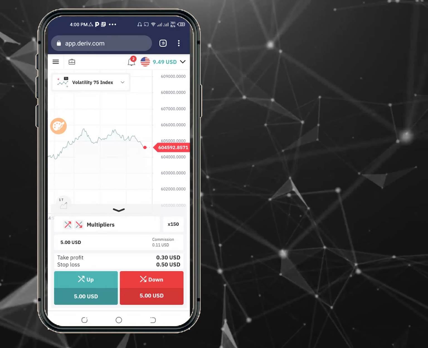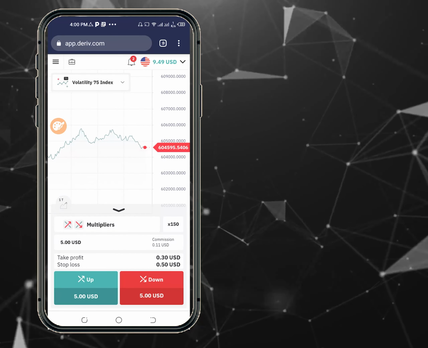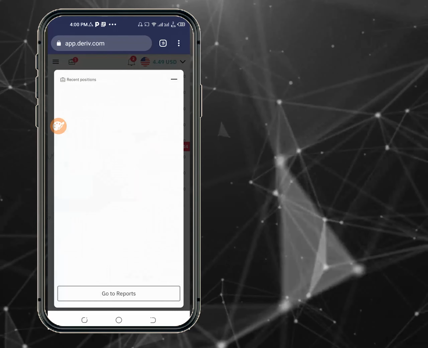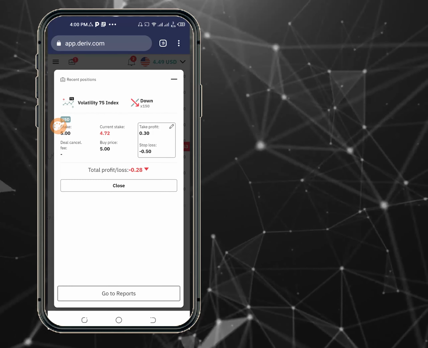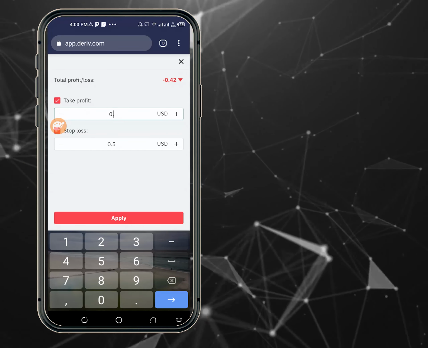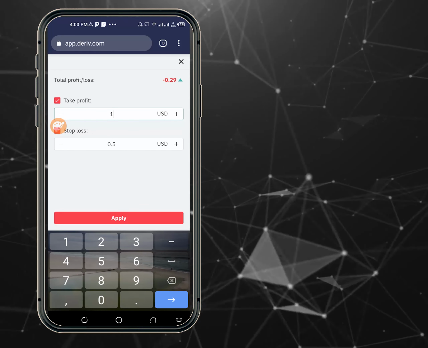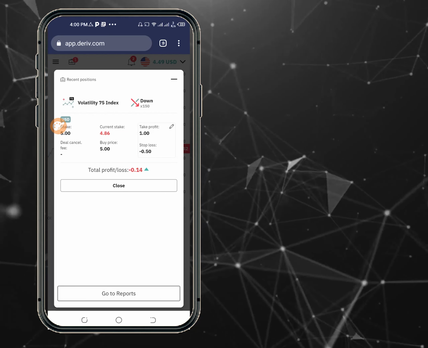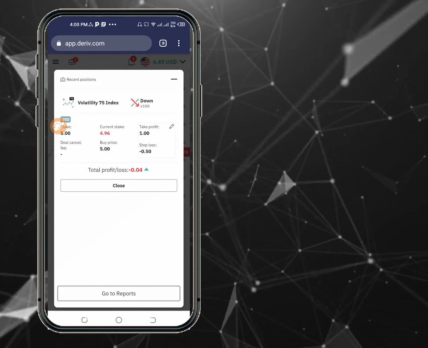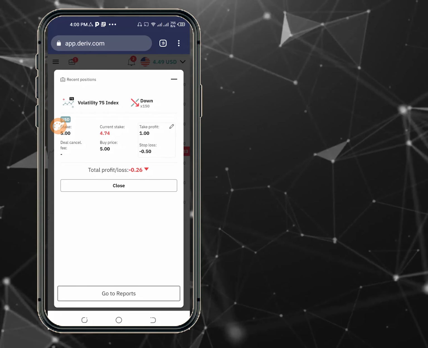I feel when you're using higher amounts of money, it's good you increase your take profit. Like this take profit, I think I want to increase it to $1. So even if it wants to cancel out, it's to cancel out $1.